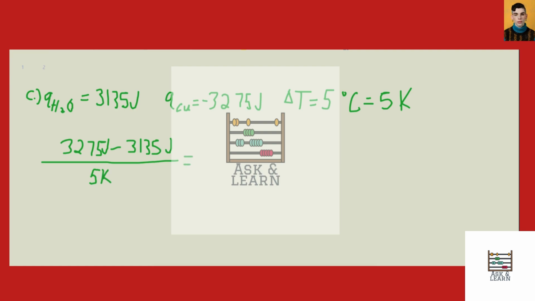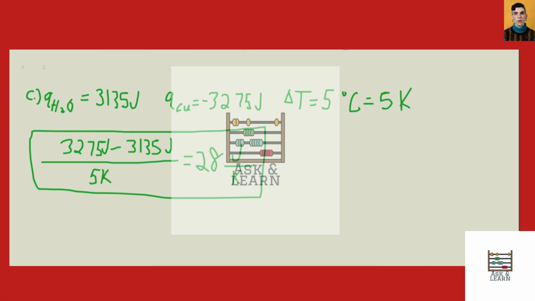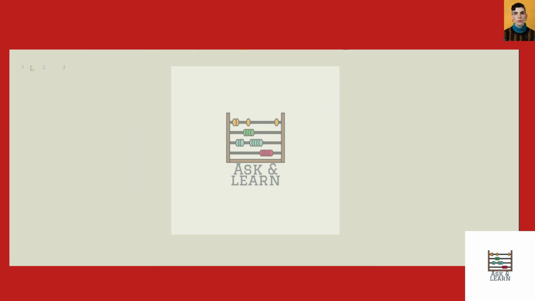And so our answer to this is going to be 28 joules per Kelvin. And that's the heat capacity of our calorimeter. So now we're going to go to another page.